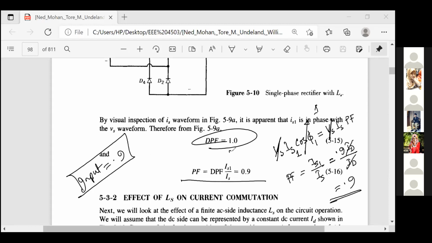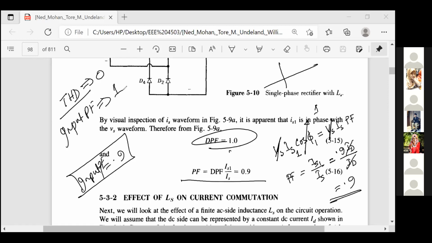Our target is that the power factor should be as close to 1 as possible. So there are 2 parameters: total harmonic distortion must be very close to 0, and input power factor must be very close to 1.